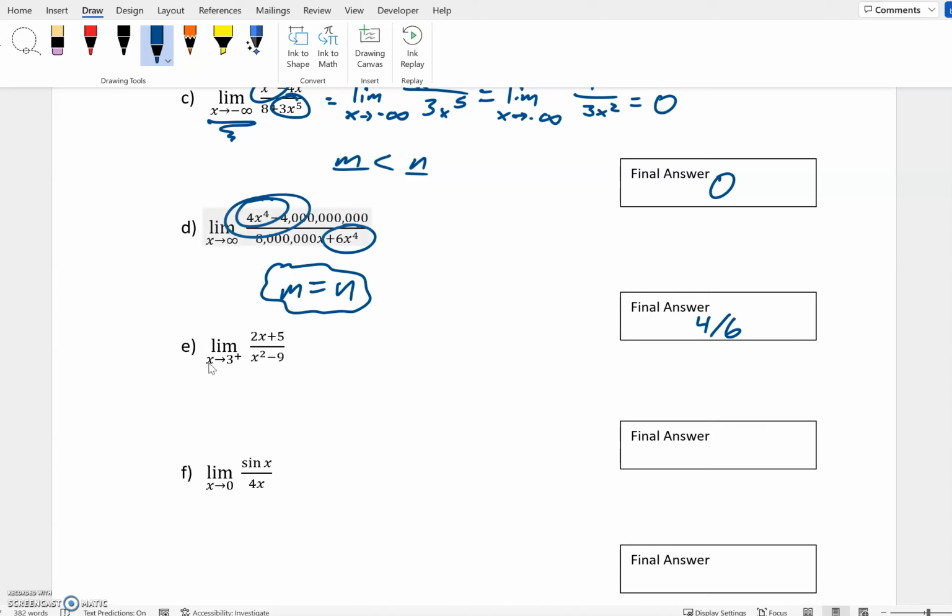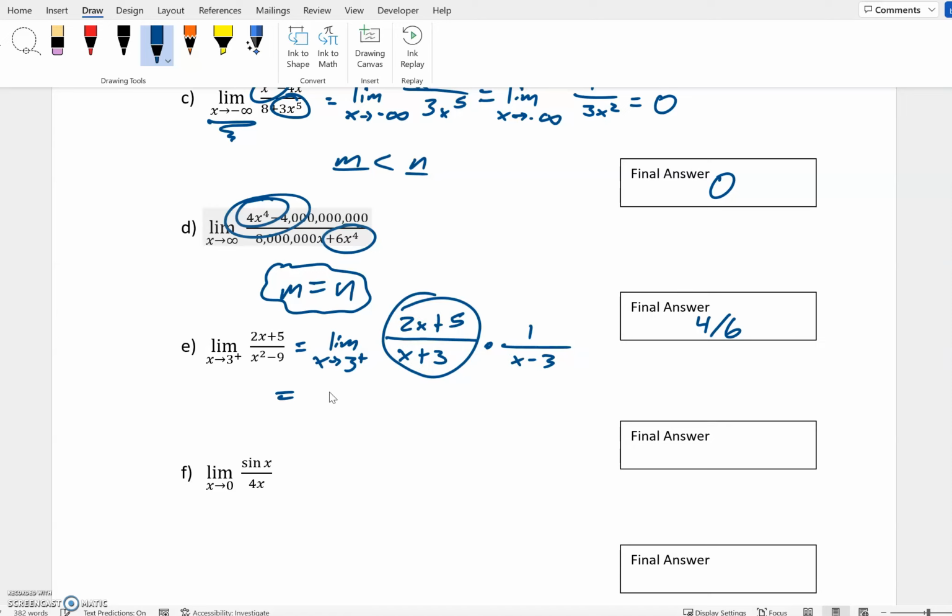All right, in part E, there's a couple ways to do this. This is probably a case when you want to use a table. Most likely, but I'm going to show you a way that you didn't need to use a table, or at least you could kind of work your way through it. So 2x plus 5, and if I break this up into x minus 3 times x plus 3, I know that x plus 3 is fine. So I could leave that x minus 3 off to the side. So I could solve for this thing. I could split the limit up, solve for this, and then separately solve for this.